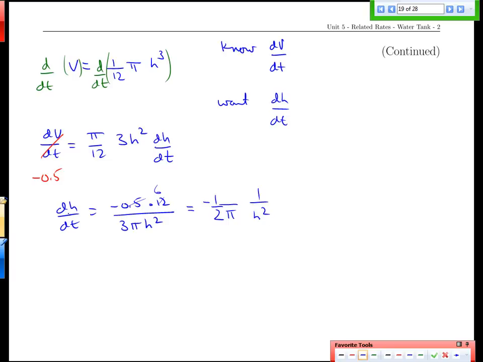Perfect. This is the rate that we wanted. Here is a formula for it, and we are told we wanted at h equals 2 to calculate the rate. So dh/dt at that particular instant will be 1 over 2 pi times 2 squared, or negative 1 over 8 pi.